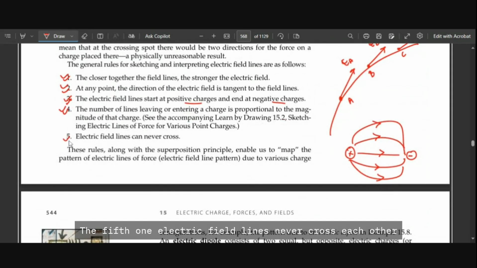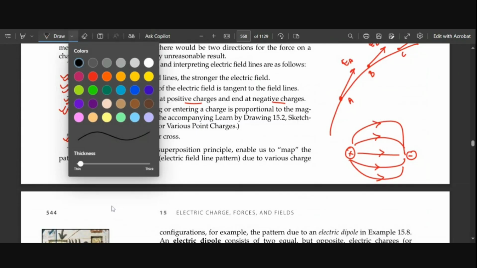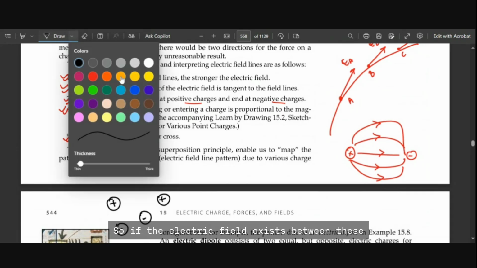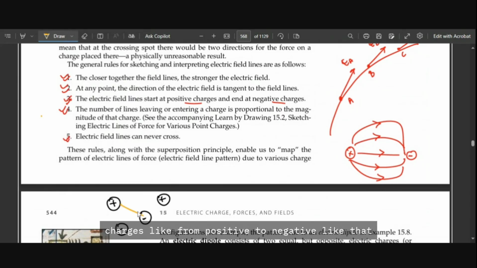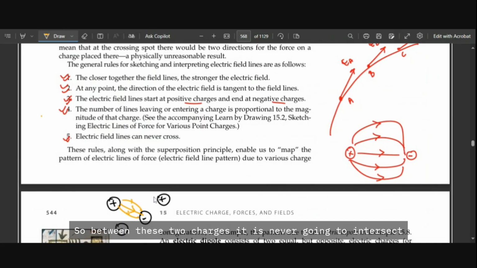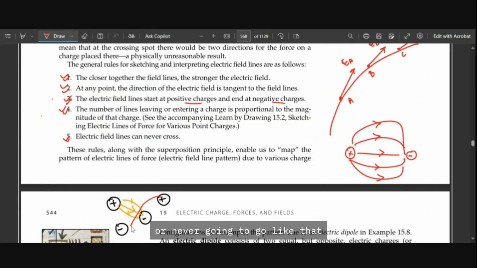The fifth one: electric field lines never cross each other. For example, if there are four charges like that, this is positive 1, this is positive 2, this is negative, this is another negative. If the electric field exists between these charges, from positive to negative, it is never going to intersect or go like that.